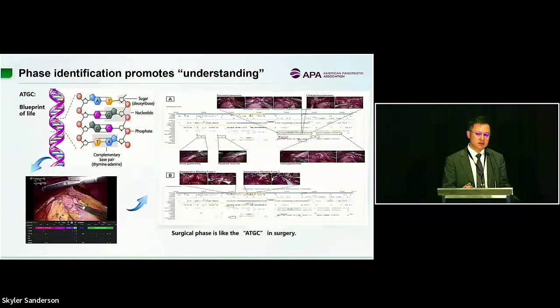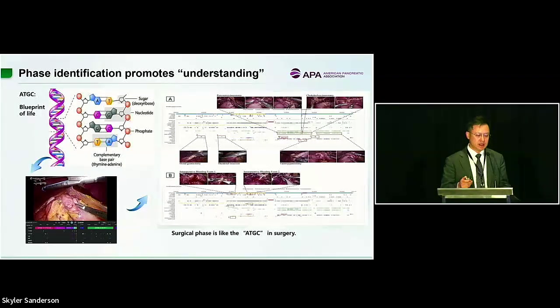So the other research field is phase recognition, to promote understanding. Just like us human beings, who consist of ATGC, an encoding system for our whole body, the protein, our fat and muscles, we can divide surgical procedures into a lot of phases.